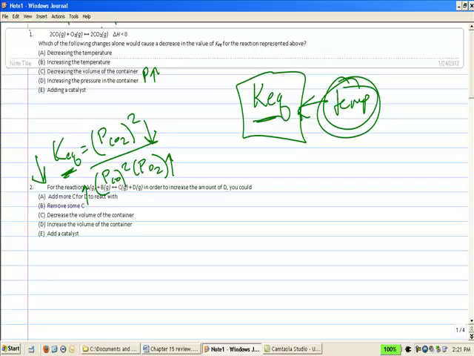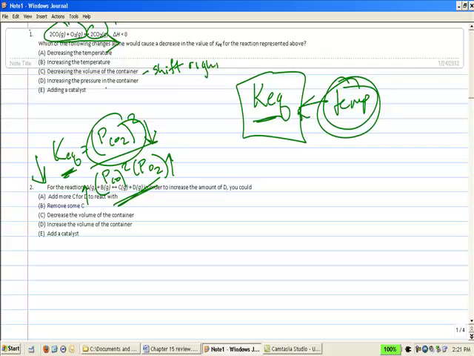This side has 3 gas molecules. This side has 2. So if it shifts to the side with fewer gas molecules, it's going to shift to the right. And now the value of KEQ is not going to go up. However, you are going to get more products and less reactants. So this one would cause a shift to the right.